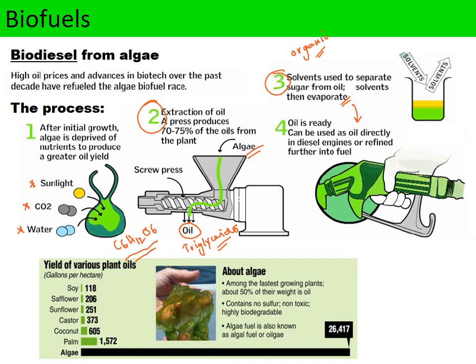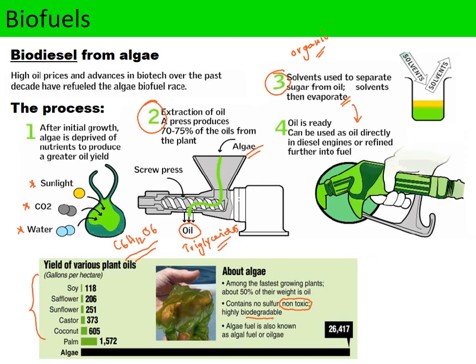Now, if we have a look at the data at the bottom of this slide, we can see that algae, they are organisms and they do photosynthesize and do respire, but they're non-toxic, which is very much a benefit when they're being used to make a biofuel. They're also highly biodegradable, so they're not going to contaminate the environment in any way.